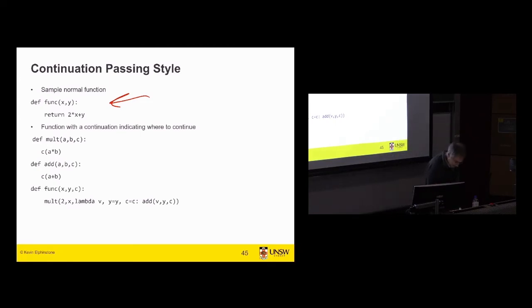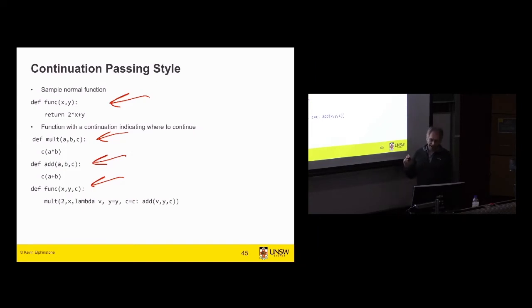So here's a function that multiplies A and B together and then goes to whatever the continuation happens to be. Here's a function that adds A and B together and then goes to whatever the continuation happens to be. And here's our original function in continuation passing style.